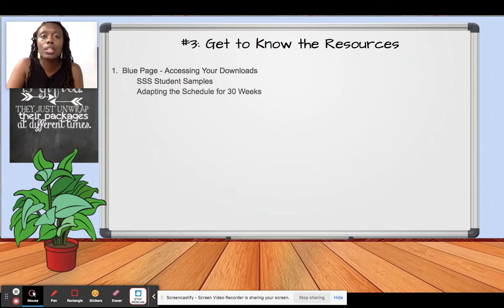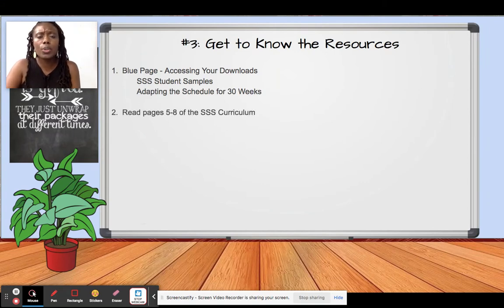Another thing that you'll have available to you is the 30-week schedule. We follow the 30-week schedule because we have 2 semesters that are 15 weeks long. You'll notice that when you look at your scope and sequence, there's 24 lessons, but we've spread those 24 lessons across 30 weeks. There's 24 lessons in the SSS guide.